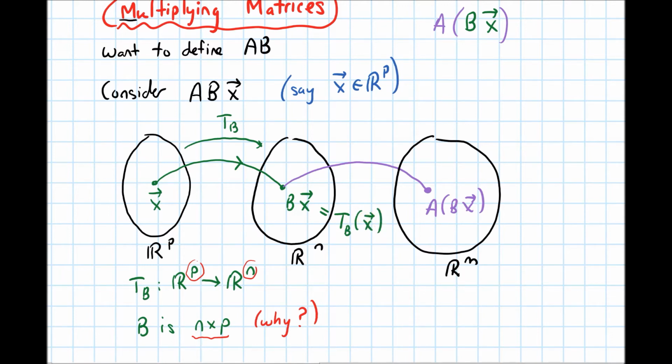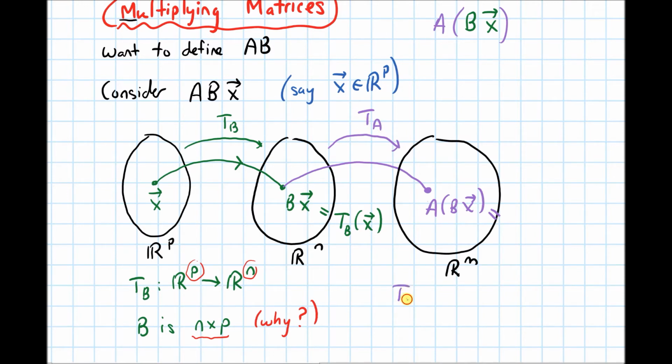In the same way, I can write what A times B times x is. But before I do that, let me point out that when I multiply by the matrix A, I can think of this as the linear transformation T sub A. So I can think of matrix multiplication as a linear transformation.